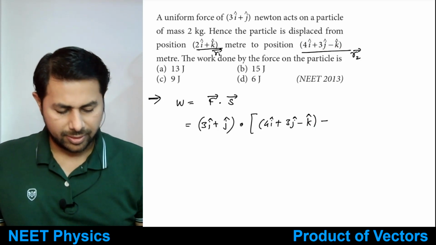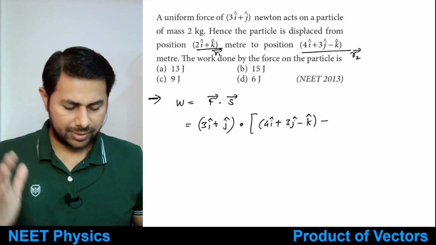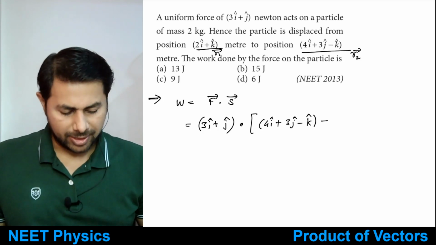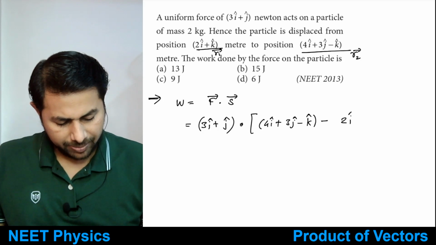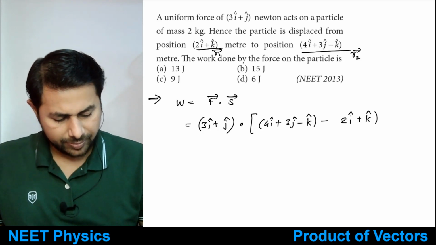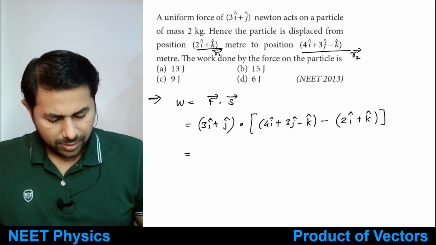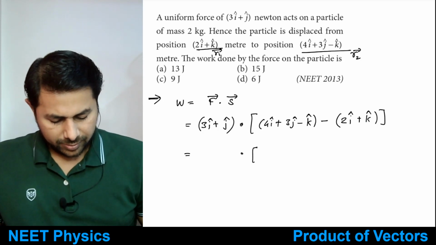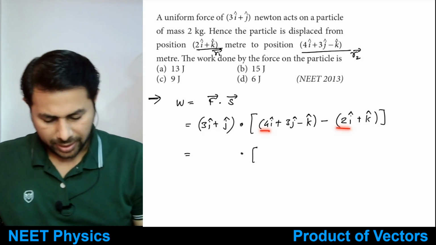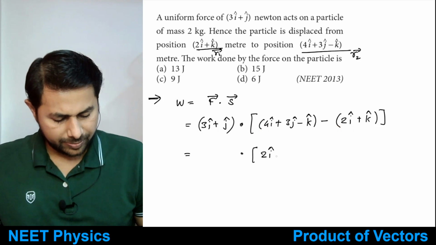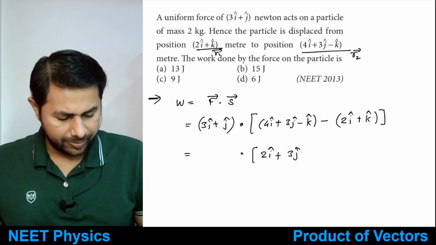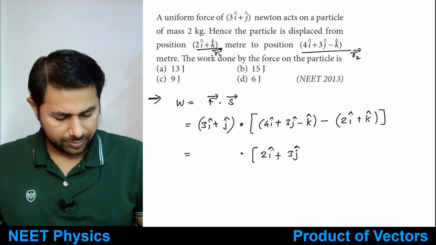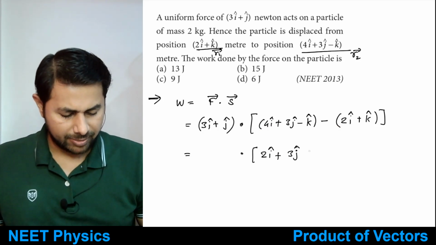So displacement is R2 bar minus R1 bar. R2 bar I have written, R1 bar is 2 i cap plus k cap. So 4i minus 2i is 2i cap, plus 3j cap, there is nothing, so 3j cap, minus k cap is minus 2k cap.